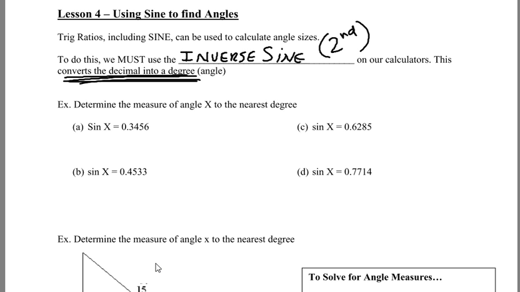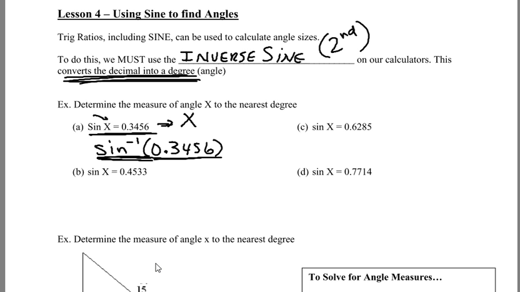So let's quickly review. If we know that sine of some angle is 0.3456, well, what am I going to do? We need to inverse it. Remember, we punch it into our calculator, and it should show us this little sine to the -1. We put the decimal value in, and that's going to tell us how big x is.